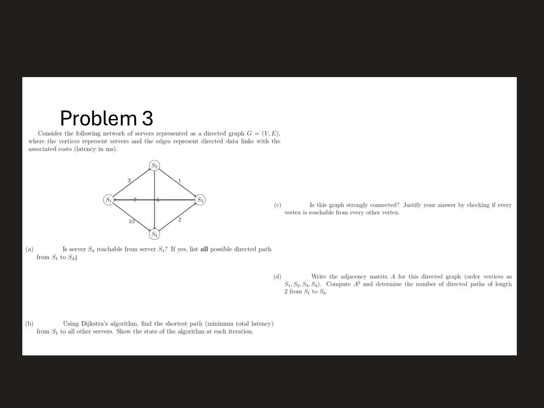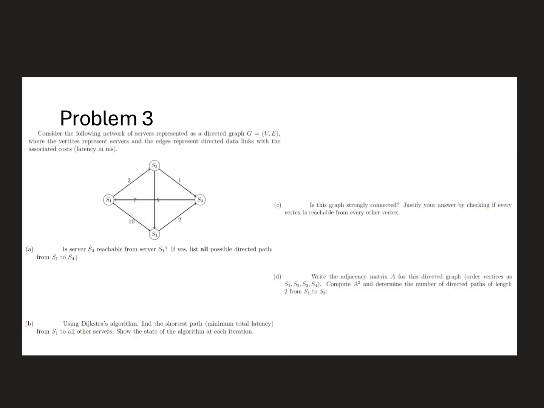So all these vertices S1, S2, S3, S4 are servers, and the edges represent directed data links with the associated cost, right? In this case, the cost represents latency, delay, okay?